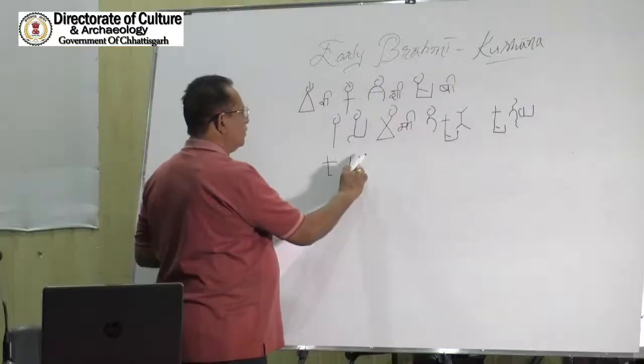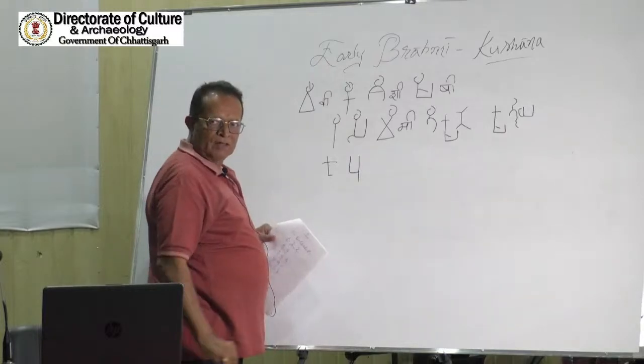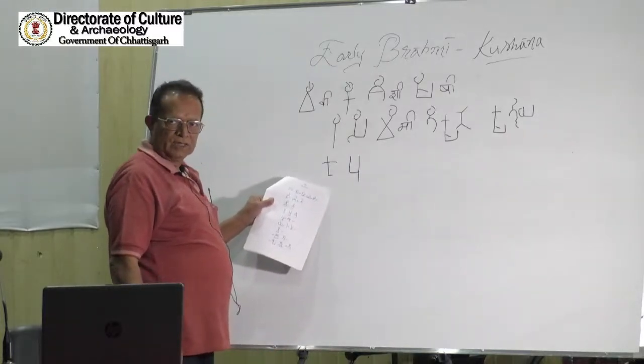Pa, you can't attach like this. Pu, but they simply extend. So in certain consonants a stroke is attached to the right side, and in certain consonants you just extend. The same principle shown in detail for Maurya, Ashokan, holds good here also.